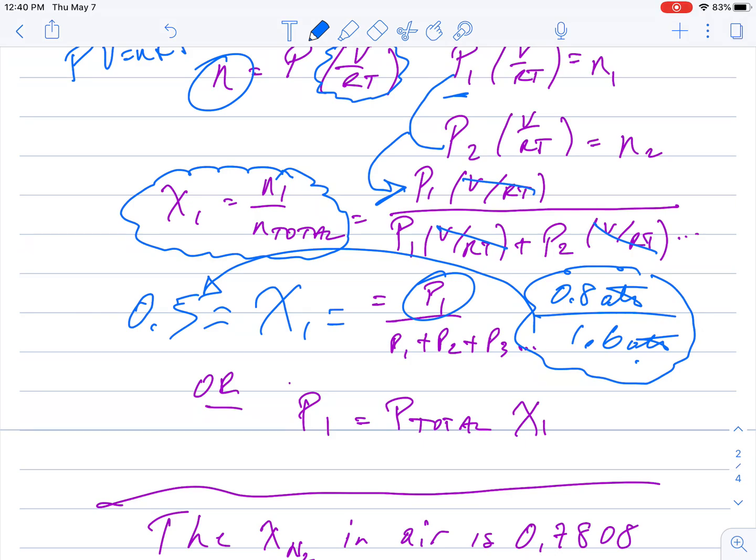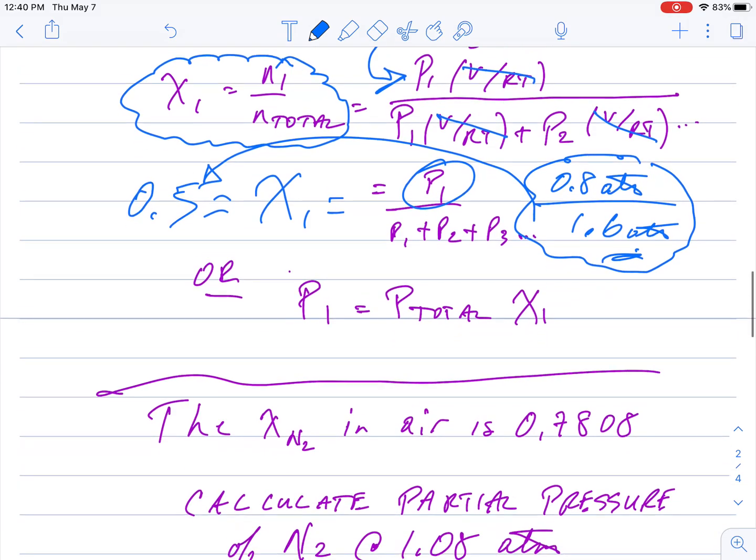The reason that it's handy to work in pressure is that we can hook up pressure sensors to the LabQuest and we can measure pressures. We don't have n sensors to measure the number of moles. So that's why it's easier to express this in terms of pressures, because that's something that we can easily measure.